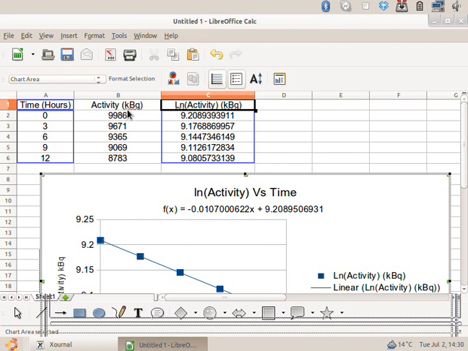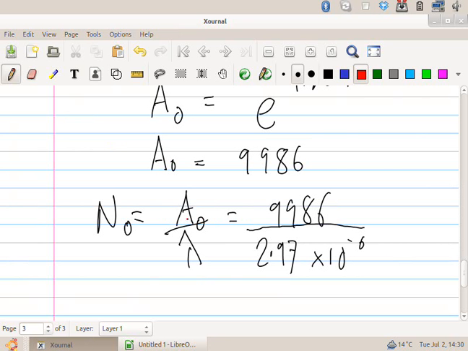So in fact, that A0 is 9,986 kilo. So I will get rid of the kilo by putting in this here. Just to be clear in people's heads, the N represents how many atoms you have.